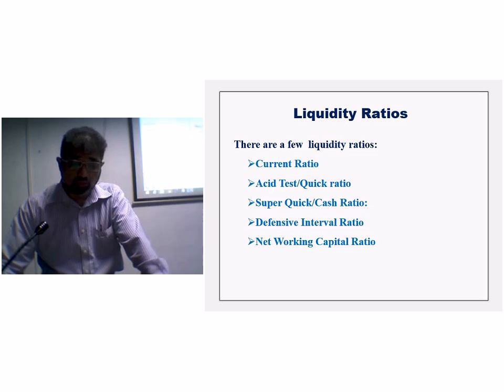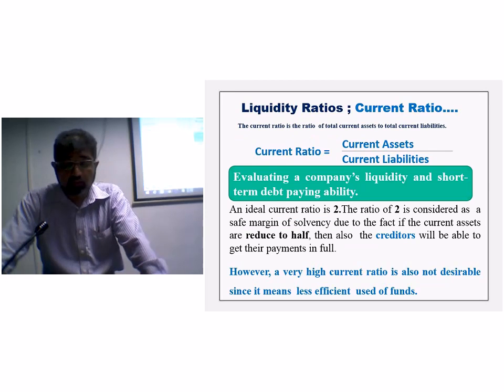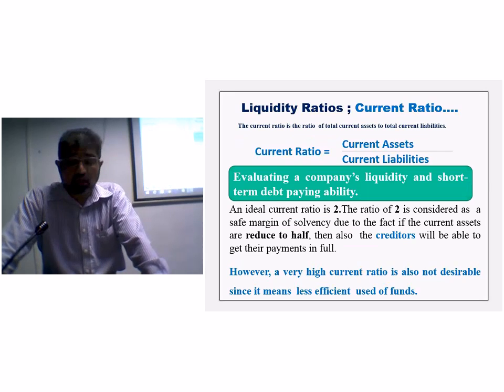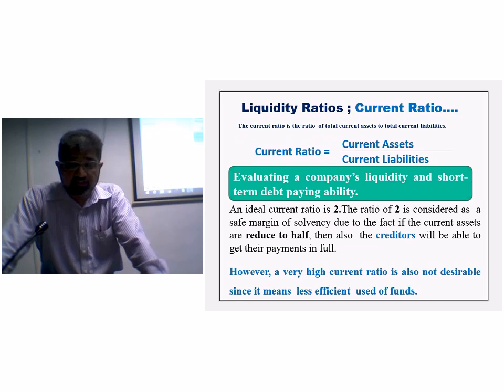If we move to the first one, under the liquidity category, the first one is the current ratio. Current ratio you can calculate as current assets over current liability. It is very easy to calculate, but when we are interpreting it, we have to be careful with the results. For example, evaluating a company's liquidity and short-term debt paying ability.